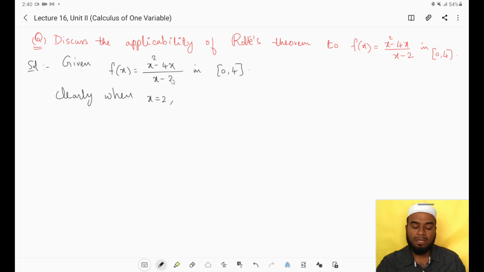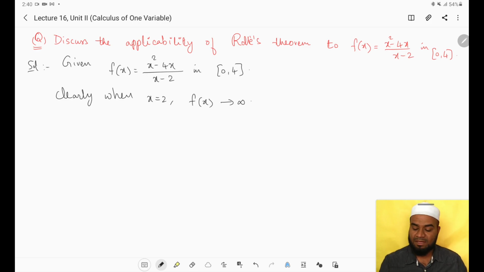When I put the value 2 here, the numerator will not be affected, it will be 4 minus 8, some value, but in the denominator 2 minus 2 is 0, so we get something by 0. When x equals 2, the function f of x goes to infinity, right?